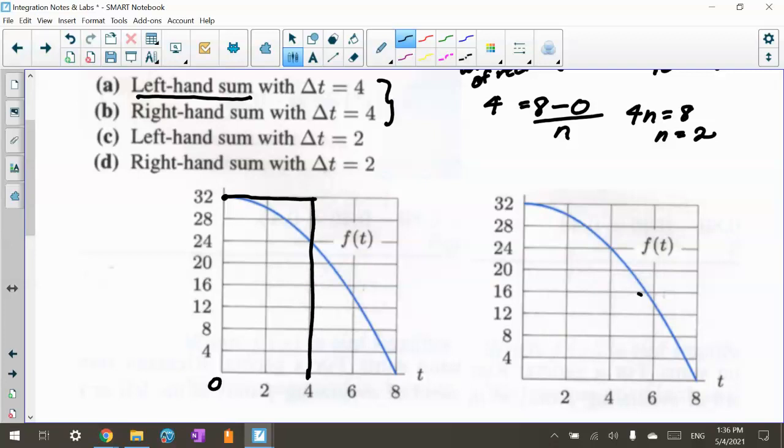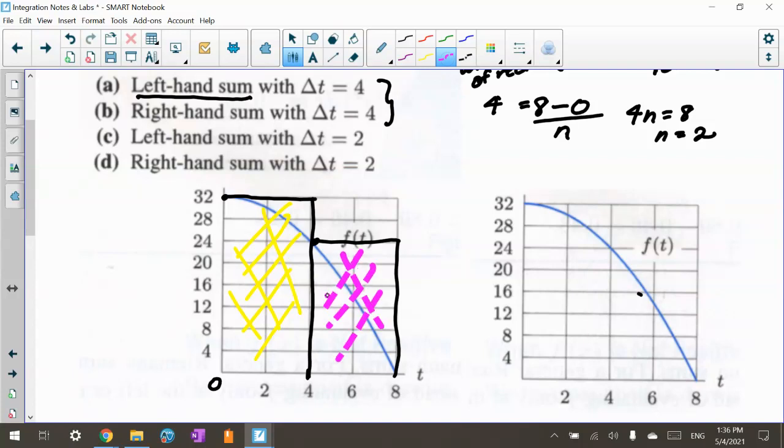So there's my first rectangle. For my second rectangle, I start here on the left, come over and come down. Now you'll see I have a rectangle with a height of 32 and a width of 4, and then a rectangle with a height of 24 and a width of 4.